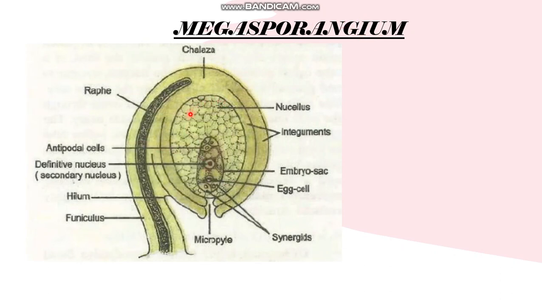Since the formation of megaspore takes place inside the ovule, the entire ovule is also known as megasporangium. This figure is the diagram of an anatropous ovule. In your exams, many times they specifically ask you to draw a well-labeled diagram of an anatropous ovule. So, you have to draw this diagram.